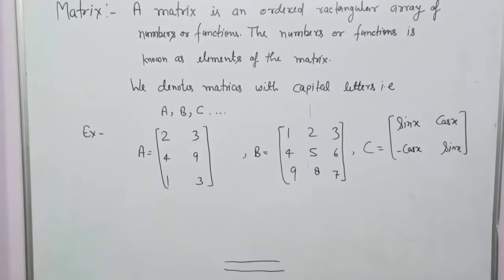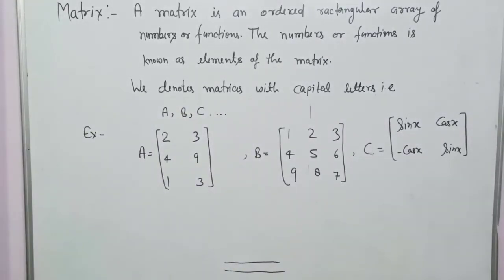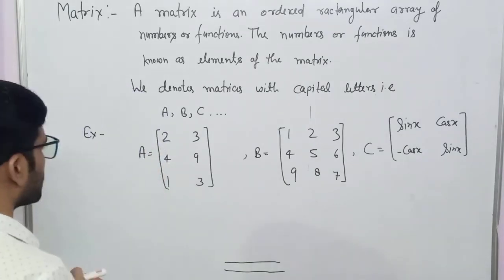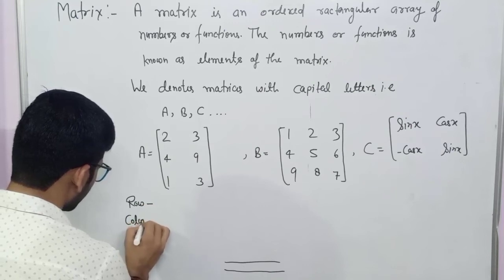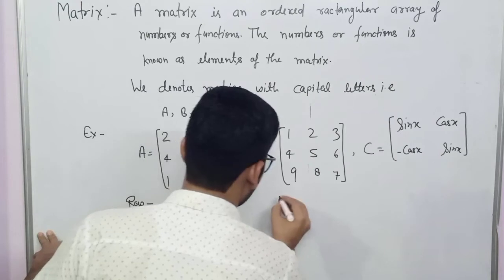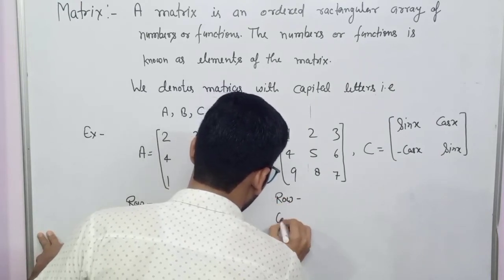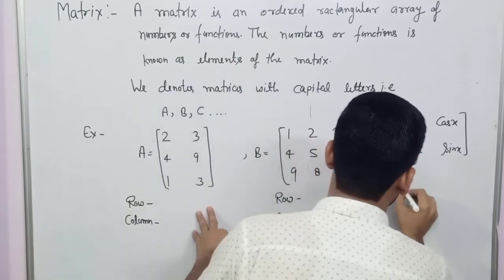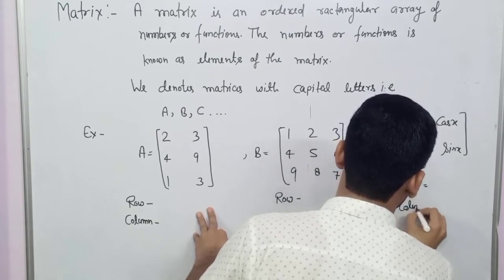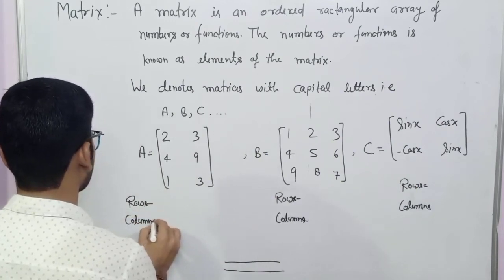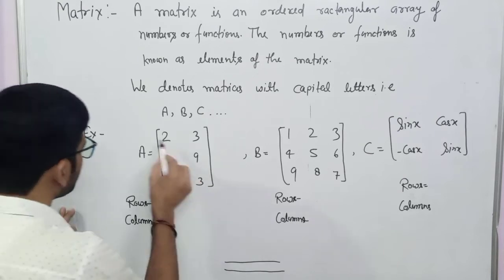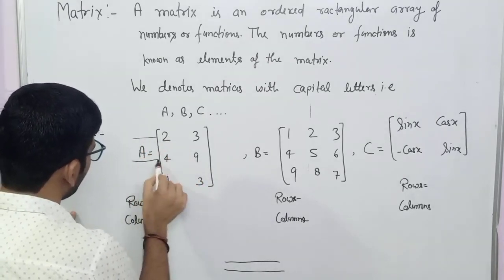Now here we define, first of all, you see how many rows and columns are in this matrix. How many rows? 1, 2, 3.